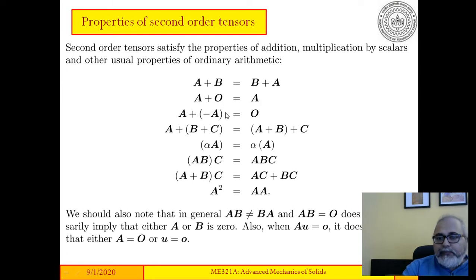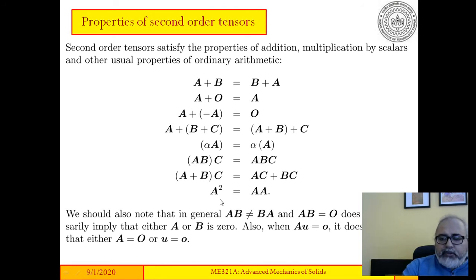There's a negative which gives you 0 when added to A. Minus A will give you the 0 second order tensor. It is commutative. You can add them in any order you like. You can multiply it by a scalar. You can do AB times C, and the order doesn't matter. So you can do B and C first, then multiply with A, or AB first, then multiply with C. You get the same result.